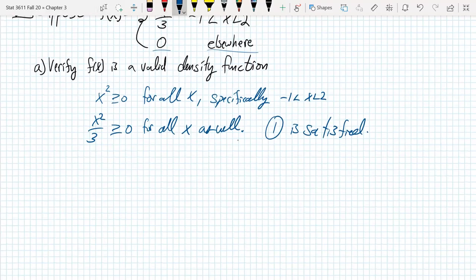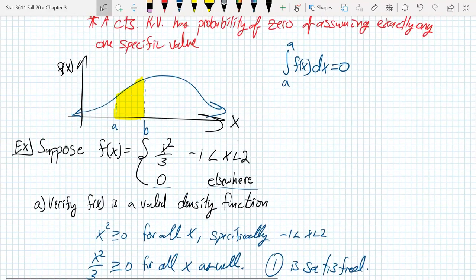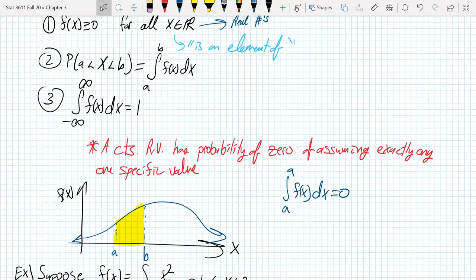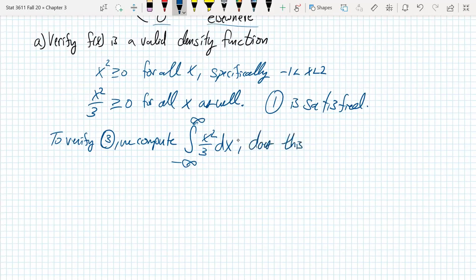So we'll verify 3. To verify 3, we compute the improper integral from -infinity to infinity of f of x dx, and we need to compute this and check: does this equal 1?